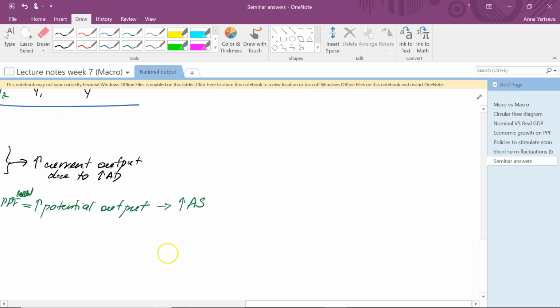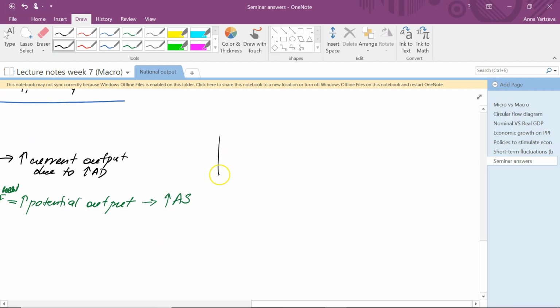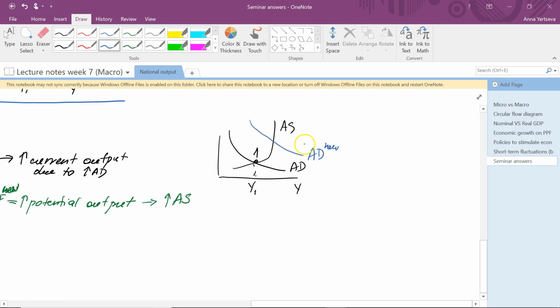So in our graph, if we try to plot graphs, it will look like this. Current output increases due to a shift in aggregate demand, from Y1 to Y2.